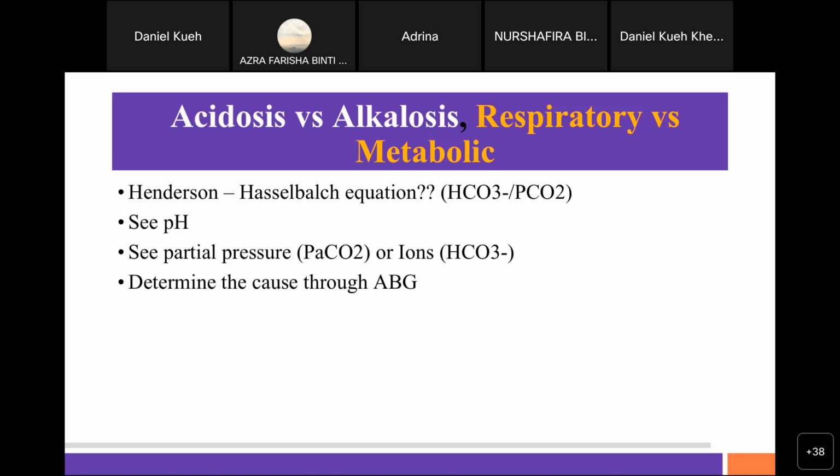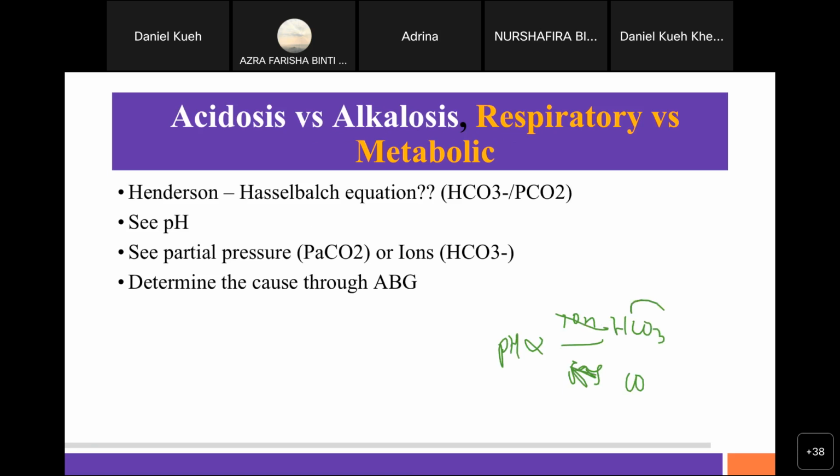Let's say pH, this is CO2, and this is your HCO3.